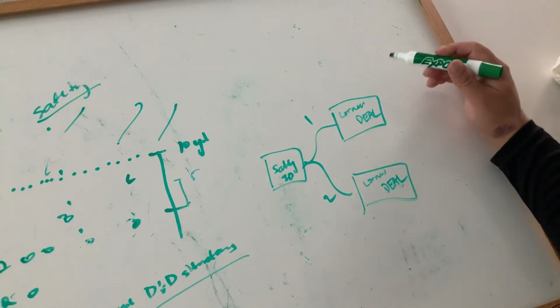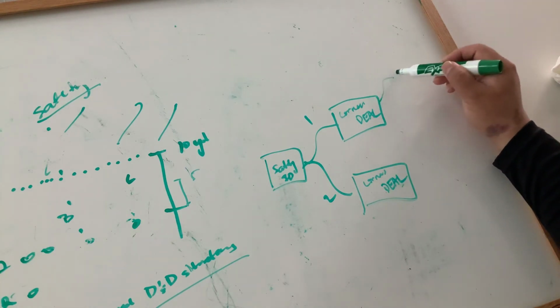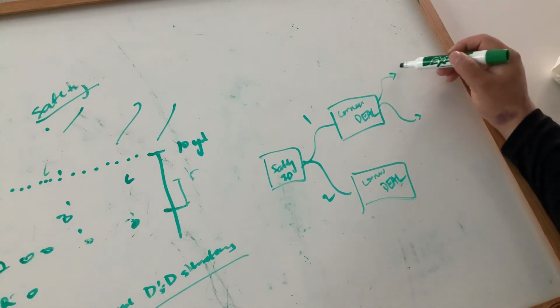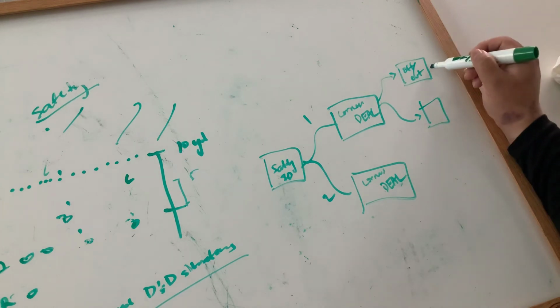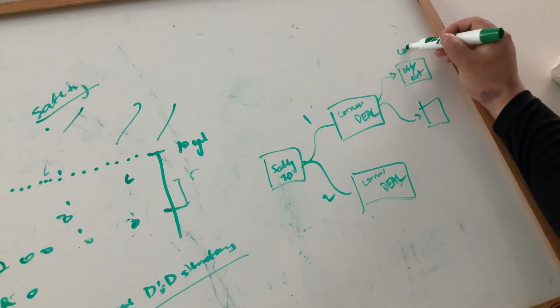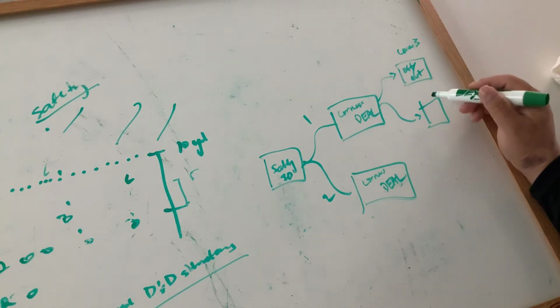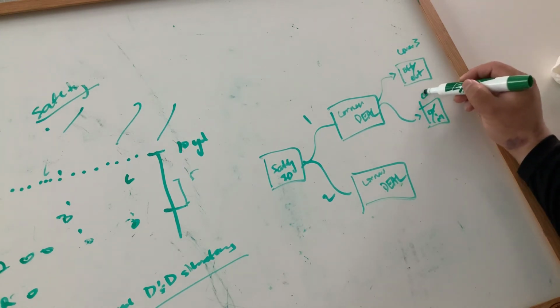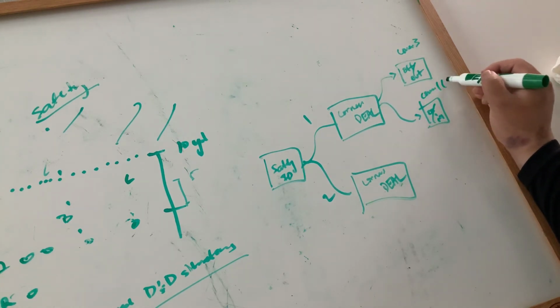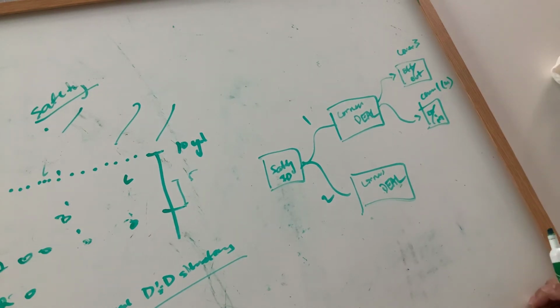And then based on the corners, if they're off and outside, then I'm thinking cover 3. If they're on and inside, I'm thinking cover 1, which is man, right?